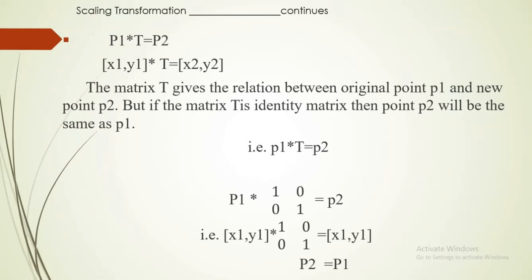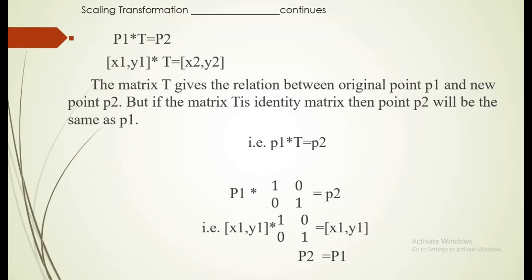Then we get a resultant matrix P2 with dimension 1 by 2, that is 1 row and 2 columns. So P1 coordinates (x1, y1) multiplied by the 2 by 2 matrix T gives the resultant matrix (x2, y2).